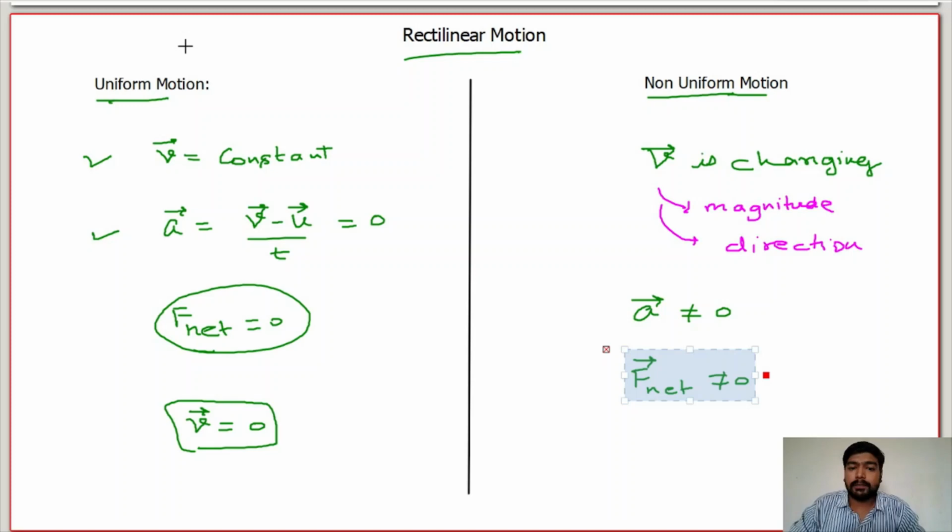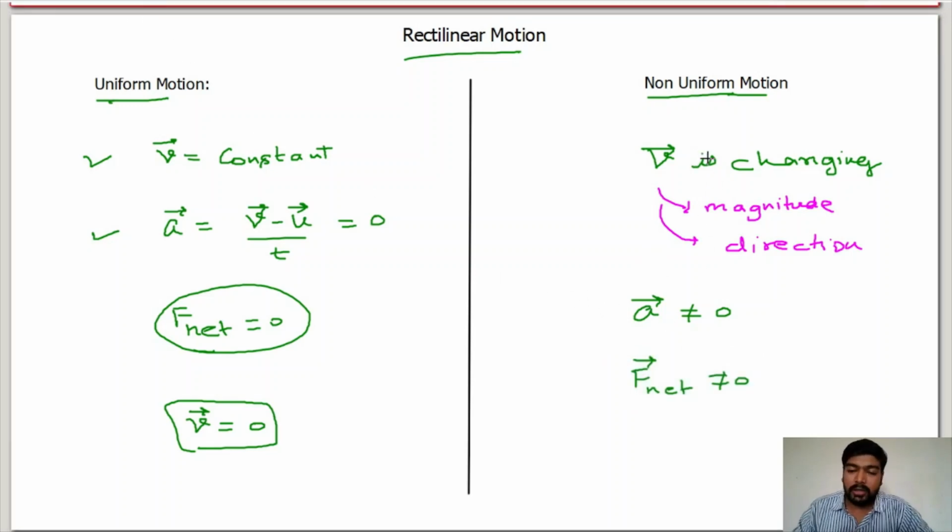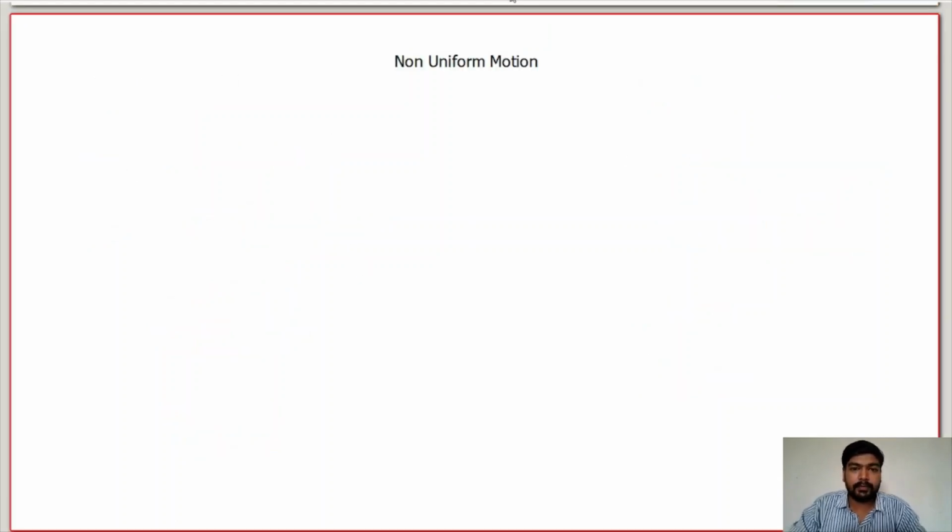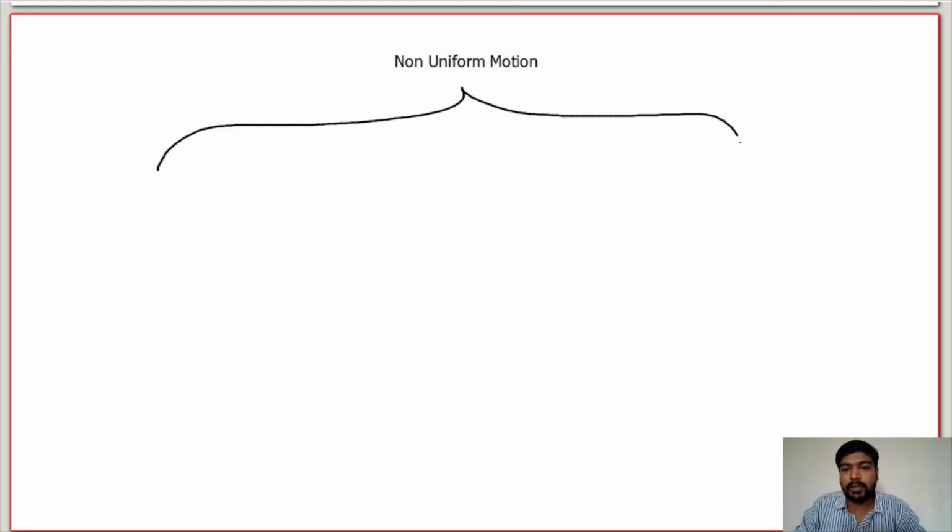Now, we will further divide the non-uniform motion in two parts. That is constant acceleration and variable acceleration. In non-uniform motion, what we have seen is non-zero acceleration, right?